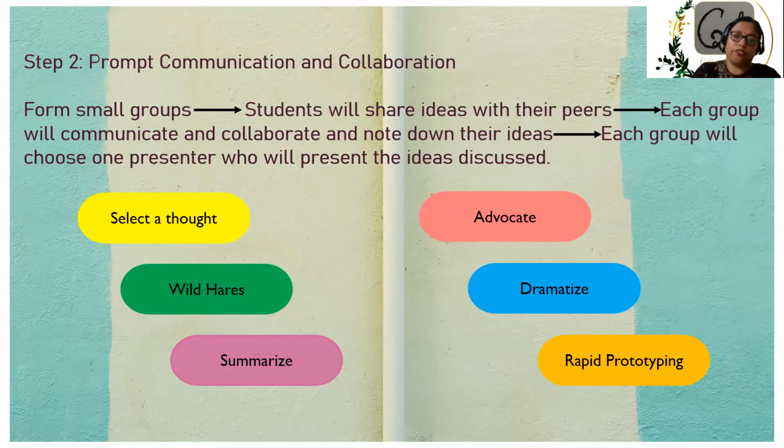So here you can form small groups of your students, and the students will share ideas with their peers. You have to tell all these things, that I will make a group of you, now you will share ideas with your peers out here. So what actually they will be doing, they will be communicating, they will be collaborating, and you ask them to please note down their ideas.